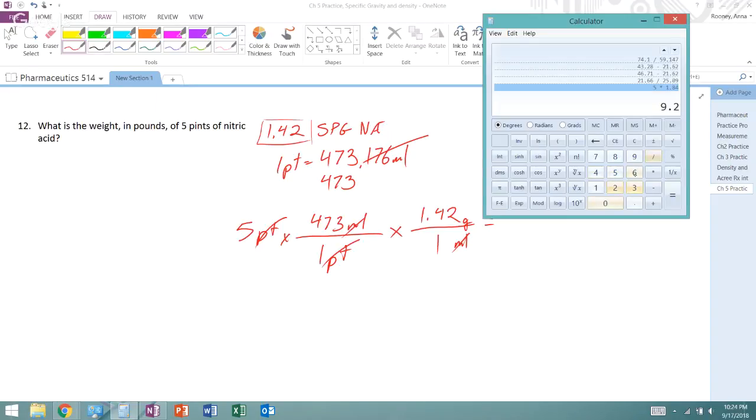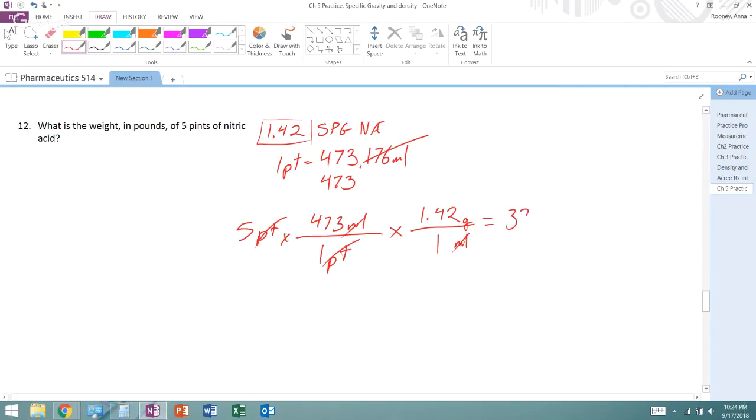So, let me see, 5 times 473 times 1.42 is equal to 3,358.3 grams of nitric acid. And then we have to find the weight in pounds.